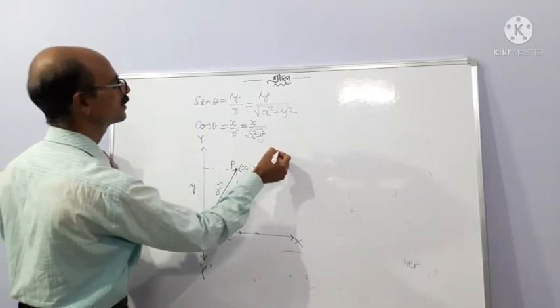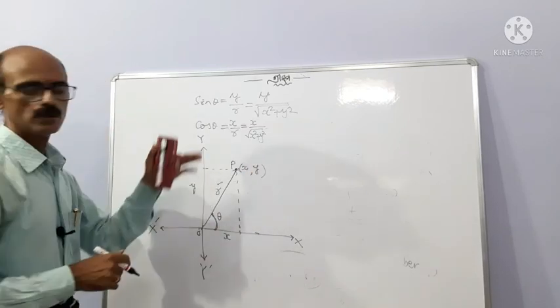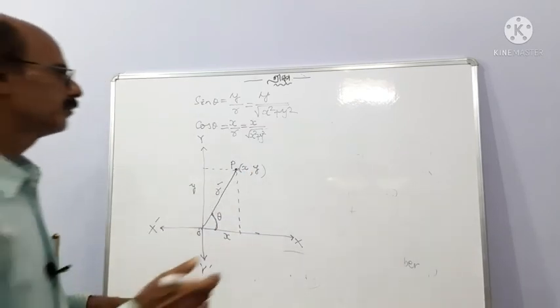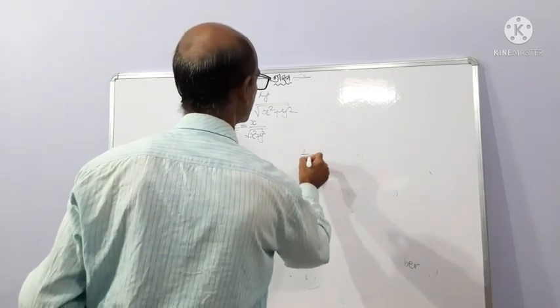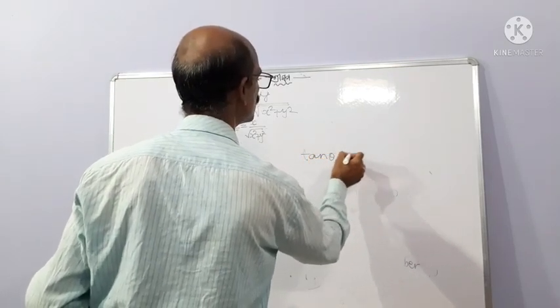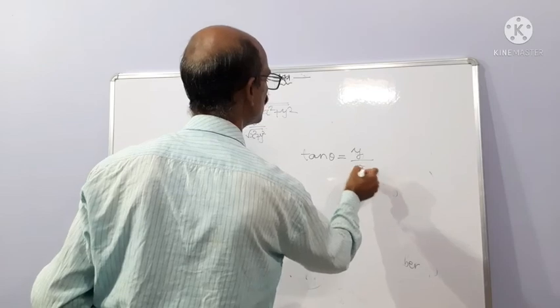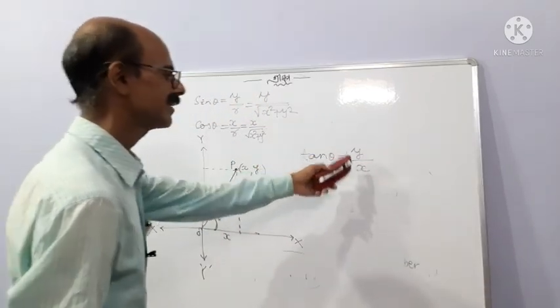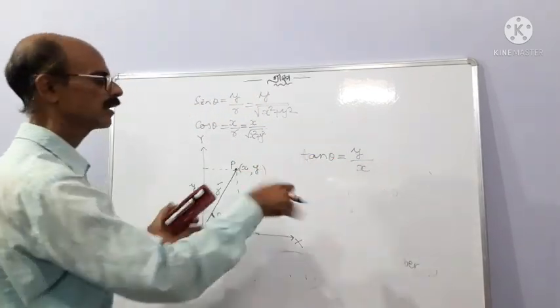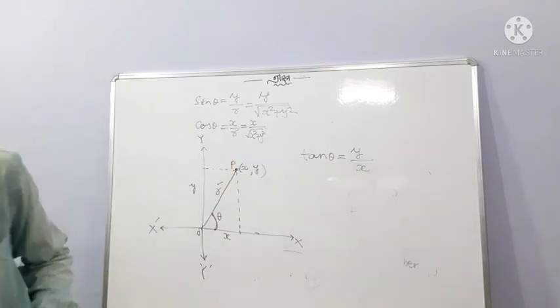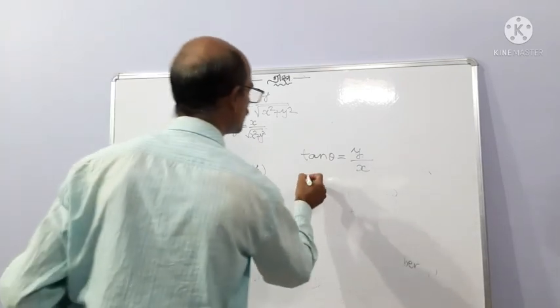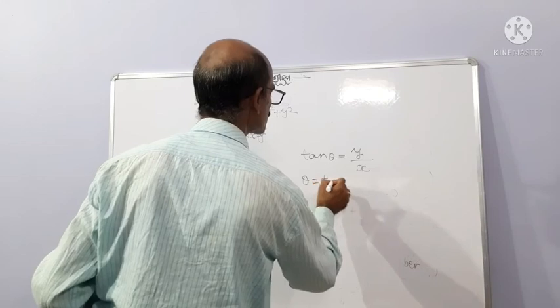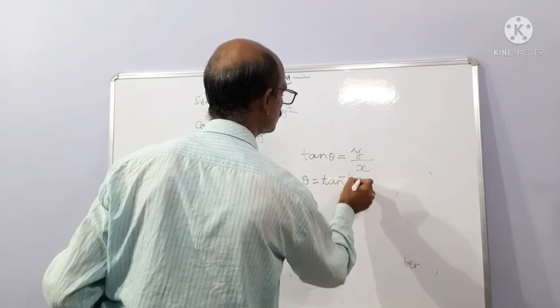Now tan theta is equal to y by x. Y is equal to r sin theta, x is equal to r cos theta, r cancels, and that will be equal to this. So theta is equal to tan inverse y by x.